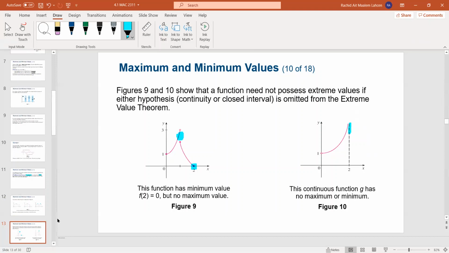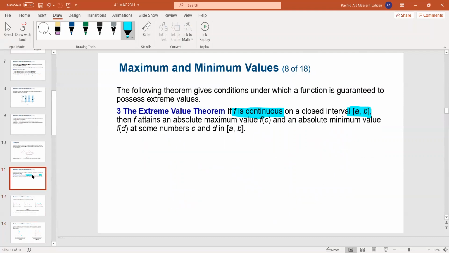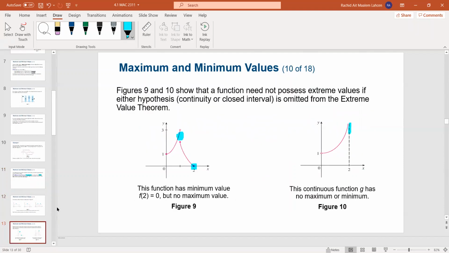There is a difference when we talk about limit from left and right, but to say it's an extreme point using this extreme value theorem, it has to be continuous. If it's not continuous there, then we don't have a maximum value at 3. Similarly for 2, we're not going to say there is an absolute maximum. It keeps going up towards 2. No, it's not continuous there.